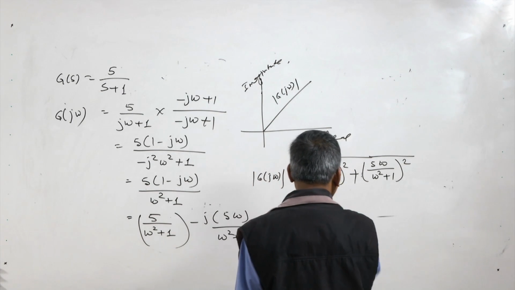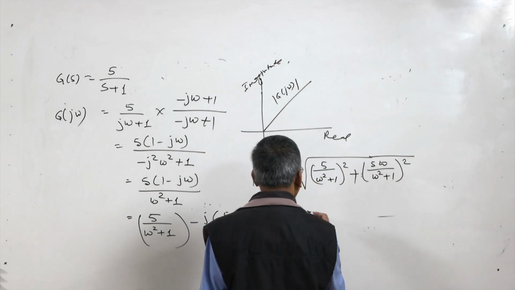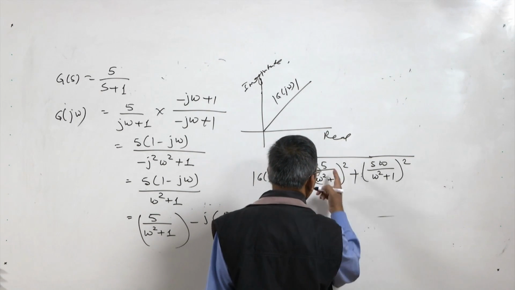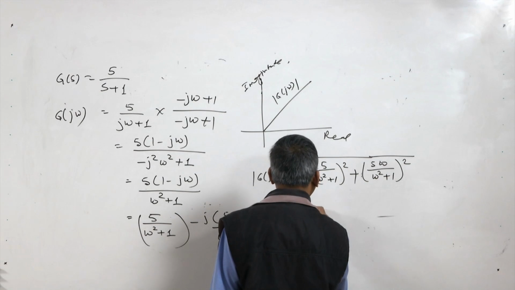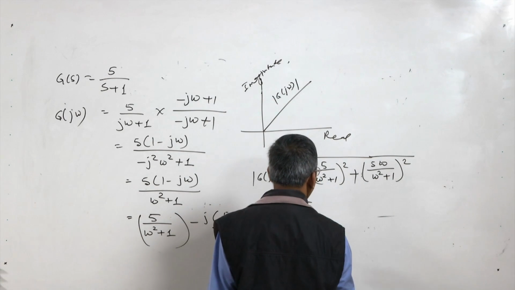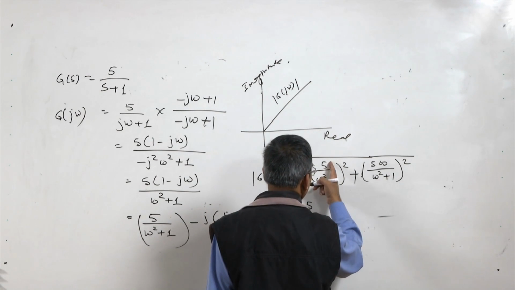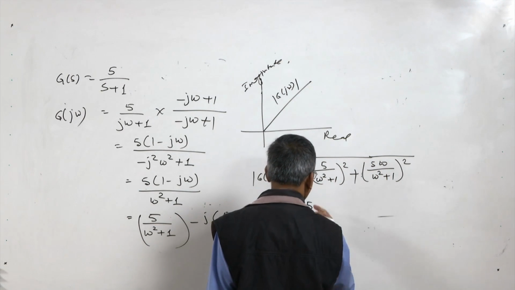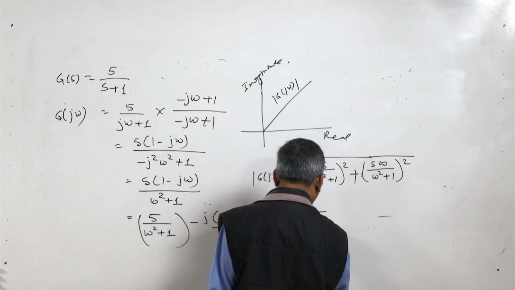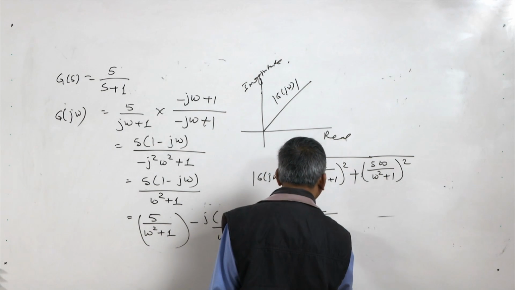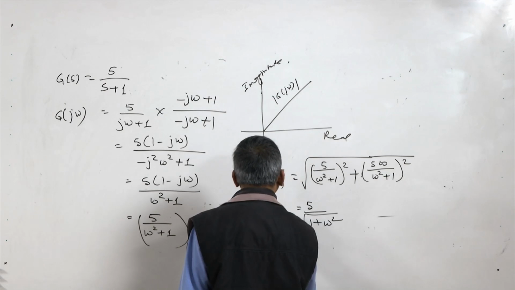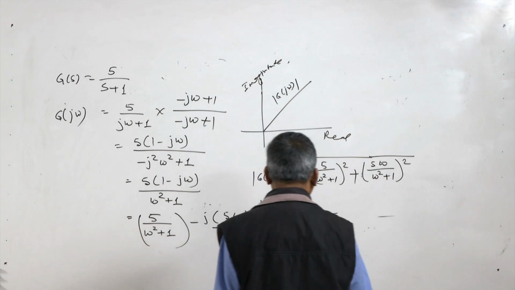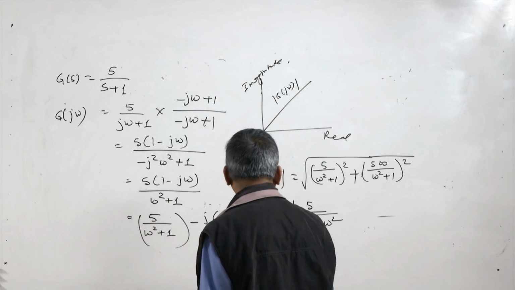Or we can write this further, this 5 square I think I can take out, so here I will have 1 plus ω square, and here I have (1 plus ω square) whole square. So, this will be basically 5 by under root 1 plus ω square. So, this is my value of G(jω), its magnitude, the amplitude.